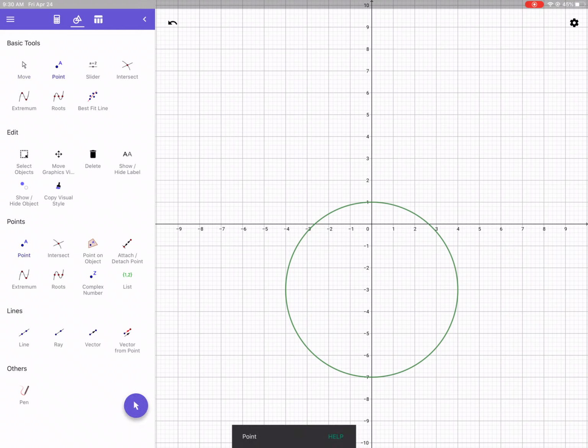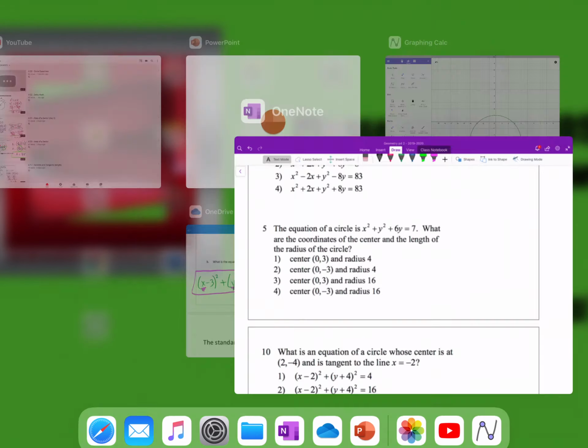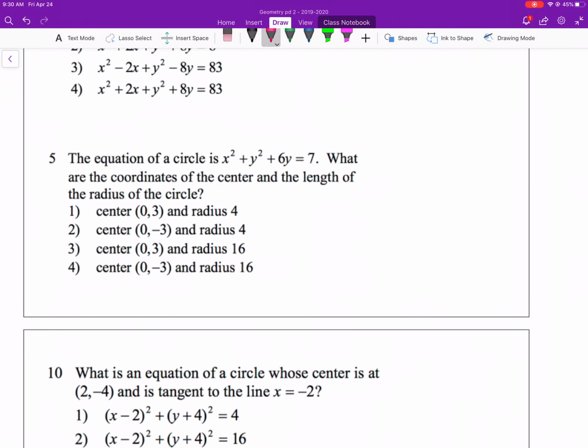Your center is here, which is the point (0, -3), and your radius is, just count the units, that would just be 1, 2, 3, 4 units. So a center of (0, -3) and a radius of 4 units. Choice 2.